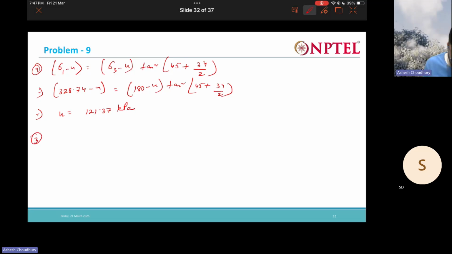Okay, and next we have the major principal effective stress at failure. So the major principal effective stress is nothing but this. And next is the minor principal effective stress at failure.